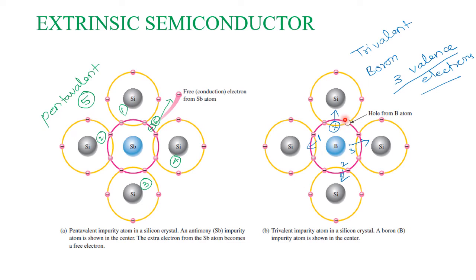Both are extrinsic semiconductors, and we can name them: when there is excess electron, it is called an N-type semiconductor. When there is an extra hole, it is called a P-type semiconductor.